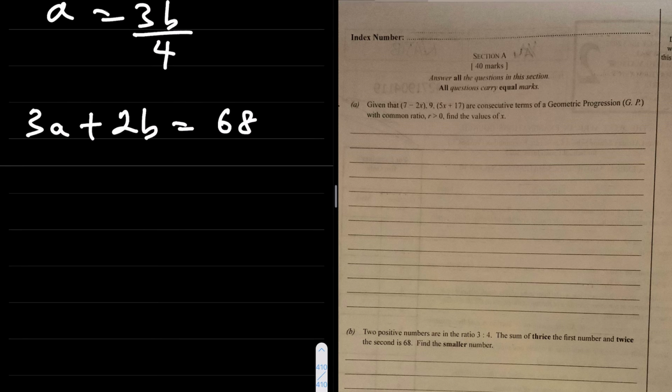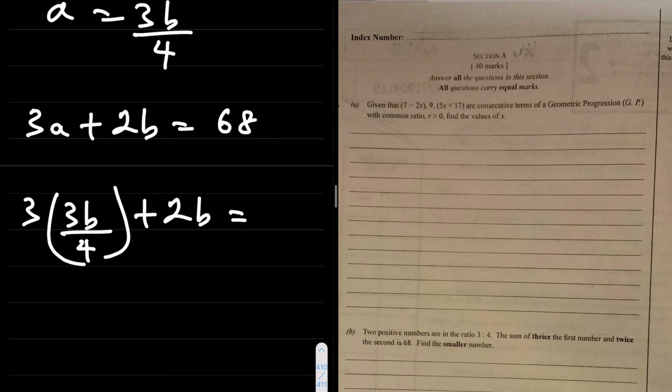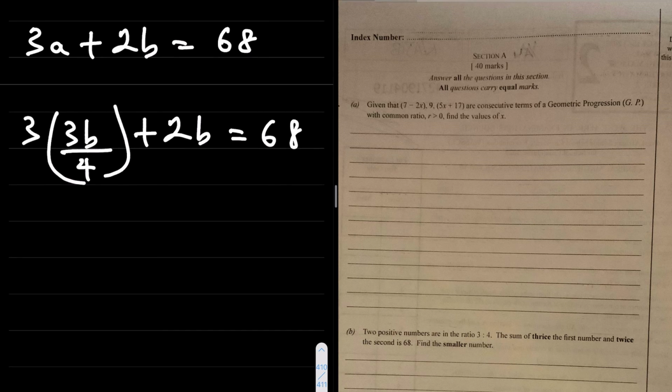And now they said the sum of thrice the first and twice the second is 68. Thrice the first means 3a, plus twice the second means 2b, and that sum is 68. Now I can put a in this equation, and that means 3 times 3b over 4 plus 2b equals 68, which simply means 9b over 4 plus 2b equals 68.